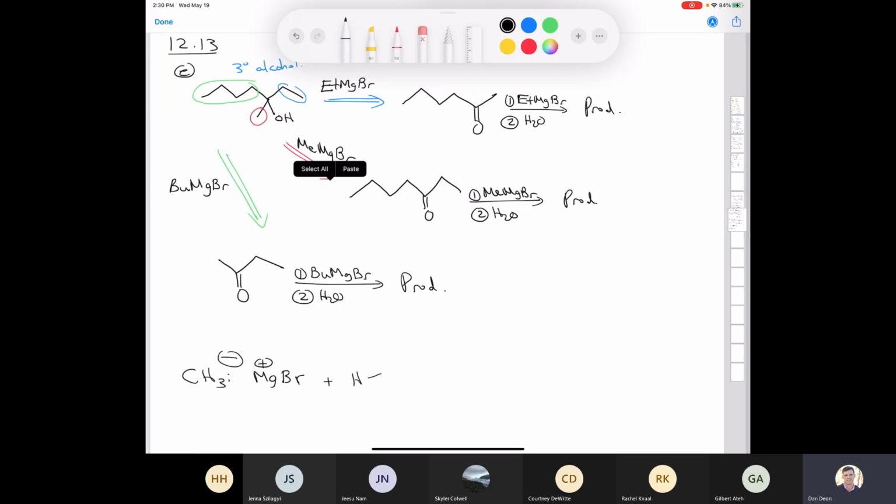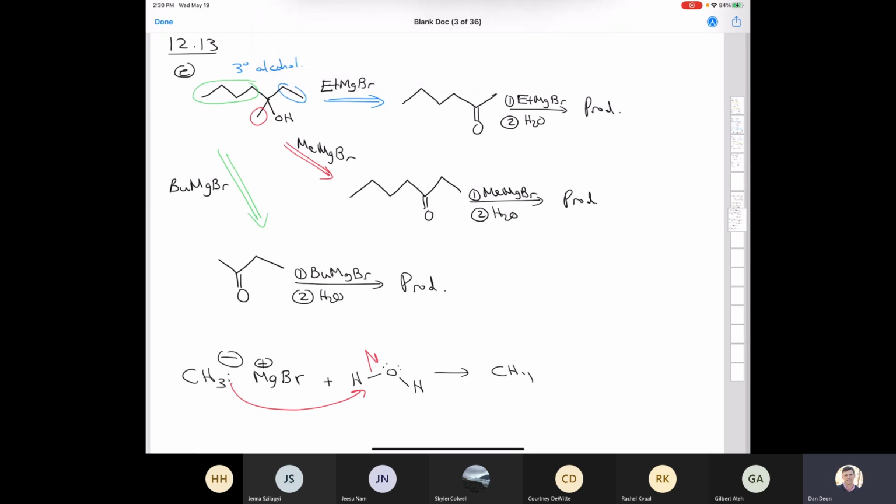If you expose that to water, and I mean any water, just water from the atmosphere, what did we say would happen? It's going to rip off that proton, and you're going to get it converted completely. You'd end up with methane, which is a gas, so it would go up the smokestack, right? And then you'd end up with the hydroxide ion. You'd still have your MgBr plus. So there, you've ruined your Grignard by treating it with water.